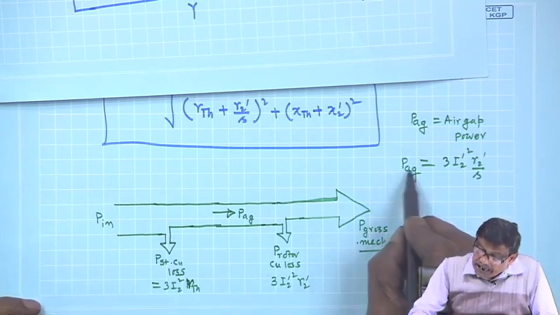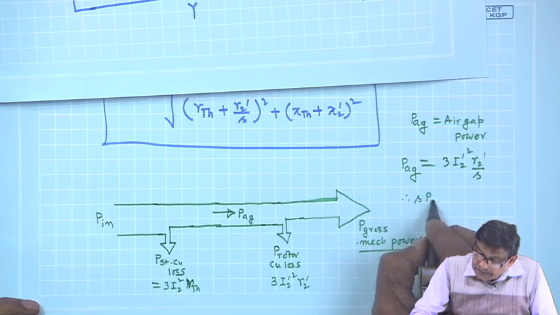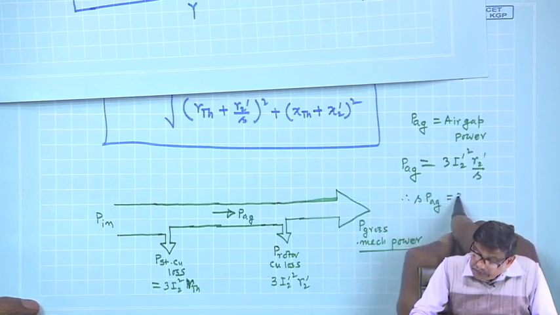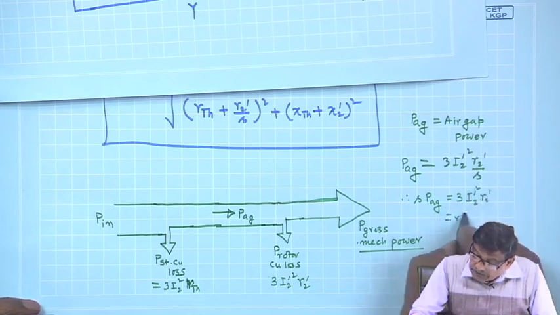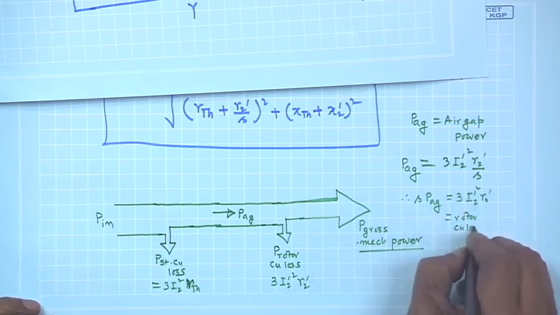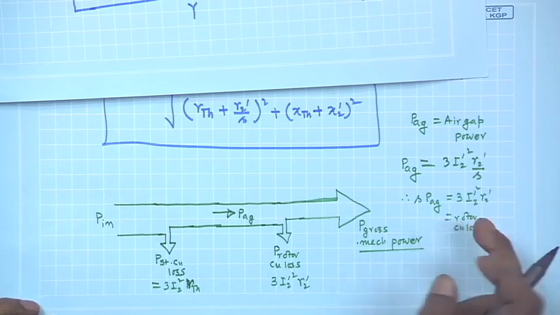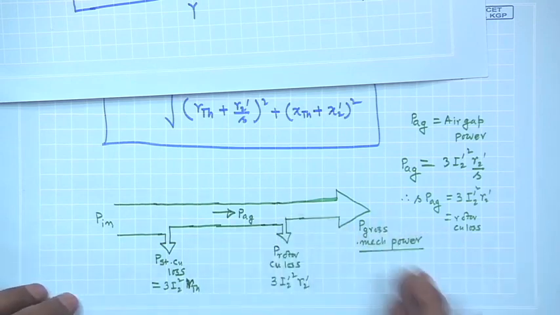Now, look, PAG is this. So, S into PAG is 3 I 2 dash squared R 2 dash, the rotor copper loss in all the 3 phases, which will be the same as 3 I 2 squared R 2 in the secondary terms, but we will always draw the equivalent circuit referred to the stator.